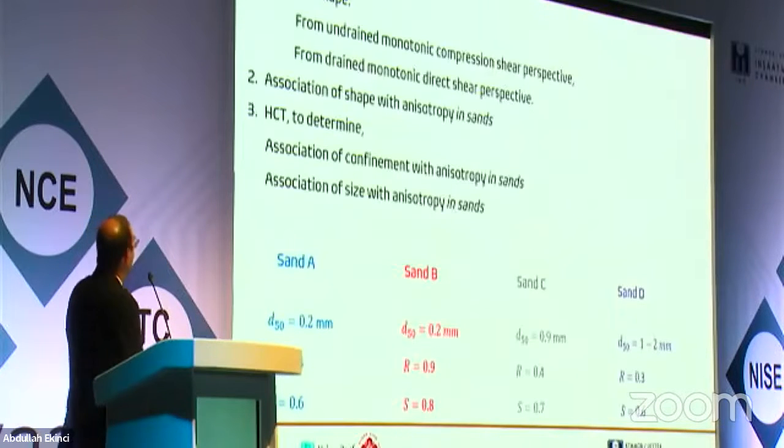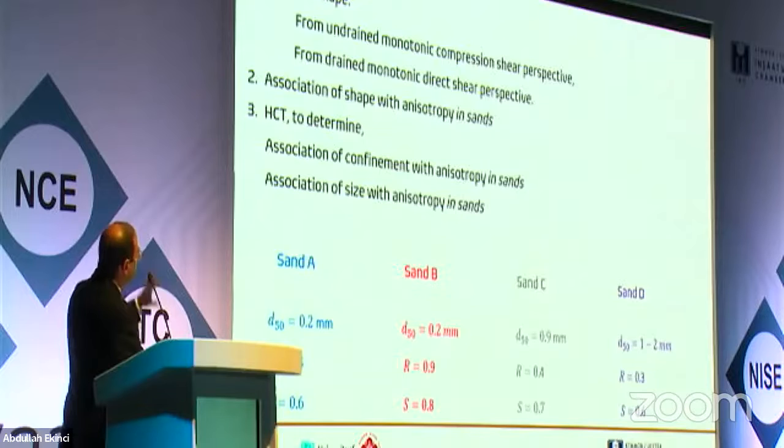Thank you. So, in terms of the overview, I'm going to start with the significance of shape. I'm going to look into the significance of shape from an undrained monotonic compression shear perspective, and then move to a much simpler drained monotonic direct shear perspective.